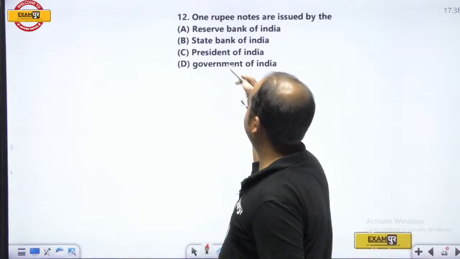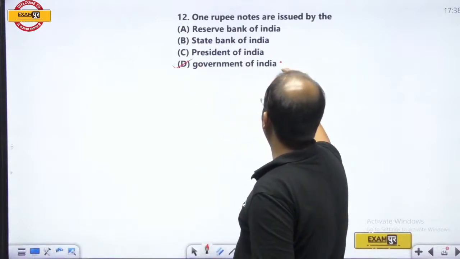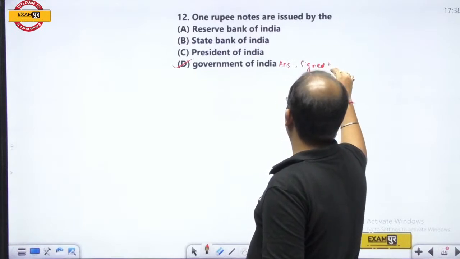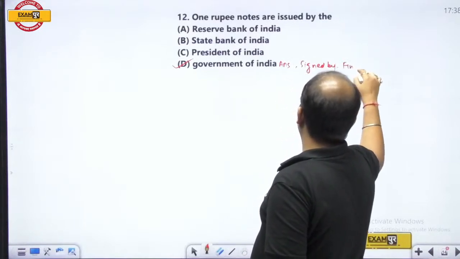Normally 1 rupee note is issued by Government of India and it is signed by the Finance Secretary.